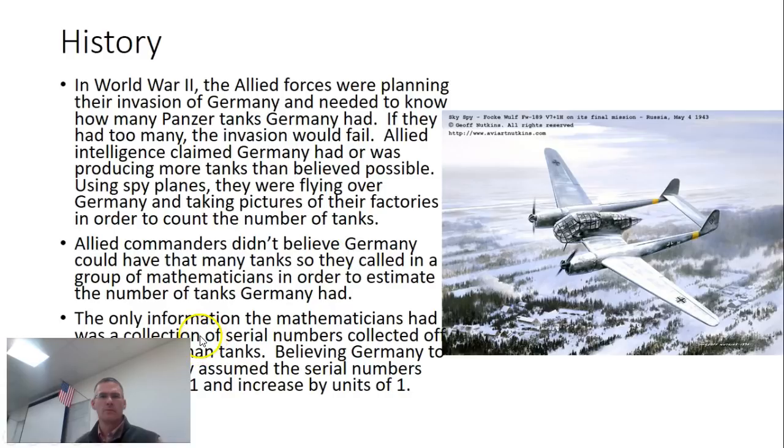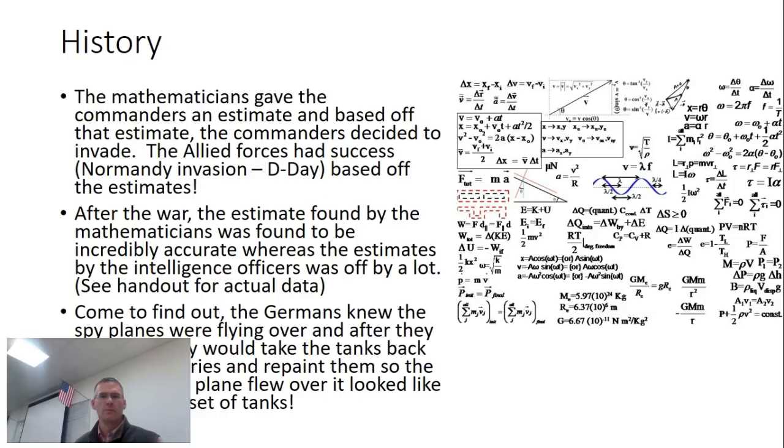The statisticians came up with an estimate to try to predict how many tanks Germany actually had. The interesting part was that the number of tanks that the statisticians estimated was significantly less than what the spy planes were predicting, and so based off of that, the Allied forces decided that they were going to go ahead and risk the invasion of Germany based off of the statisticians' best estimates.